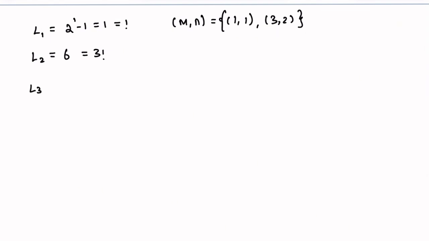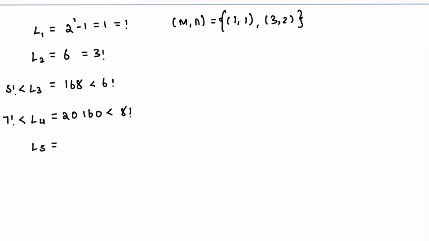Okay, so L3, well, we know that that's equal to 168, just putting it into the equation on top. And I know that this is between 5 factorial and 6 factorial. And now I'll give you guys that L4 is 20,160, which is between 7 factorial and 8 factorial.